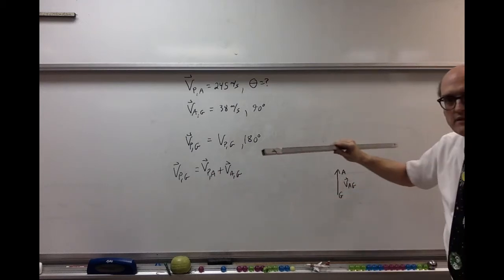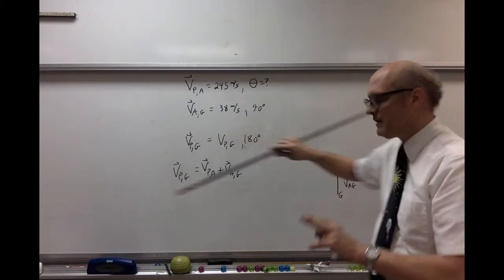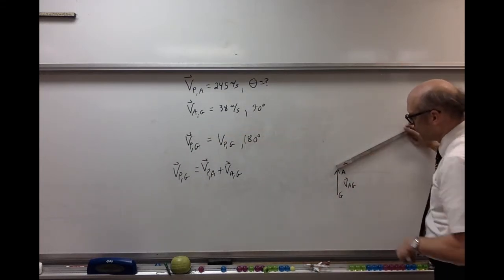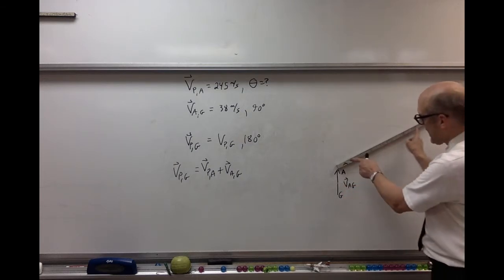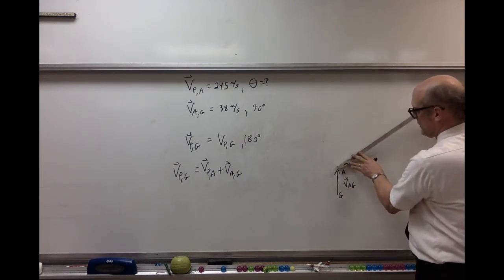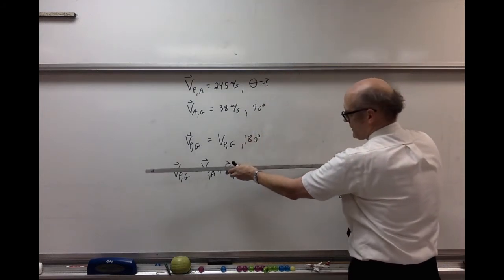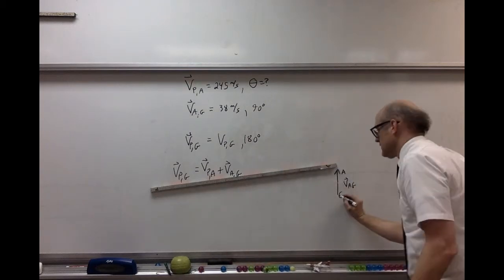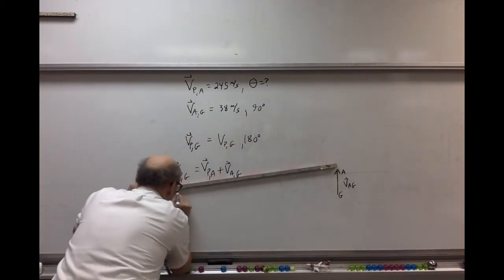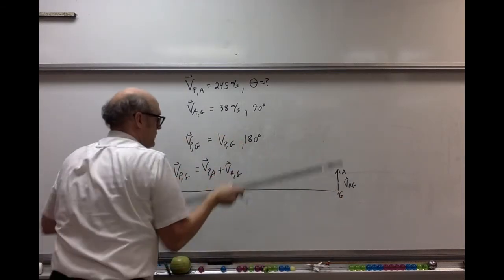I know that I have to put the A of the velocity vector for the plane onto the A for the velocity vector for the air. And when I add these two vectors together, I should get a resultant vector VPG, which is west. So I'm going to draw an arrow directed west.